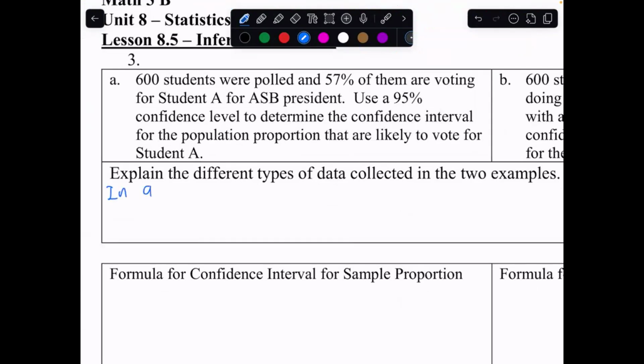Okay, so in situation A, we say the data response is not numerical.